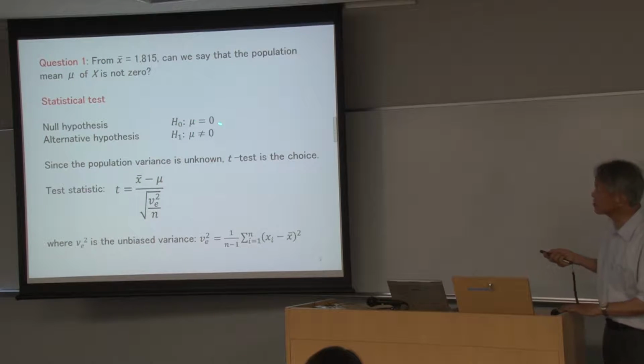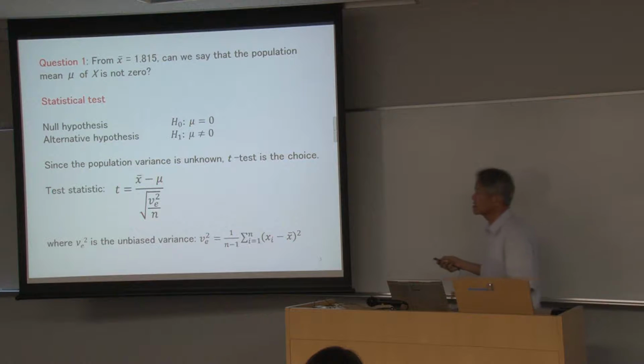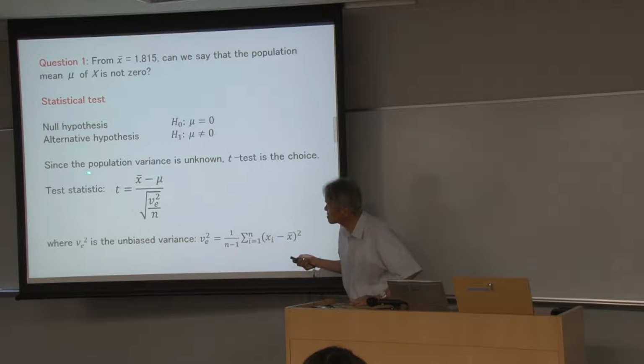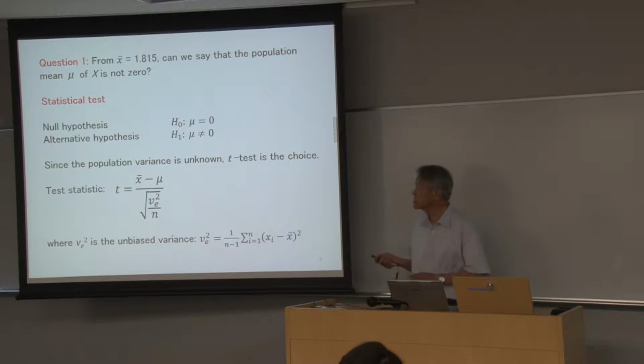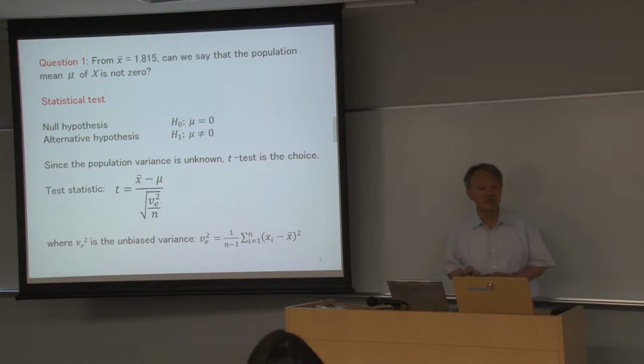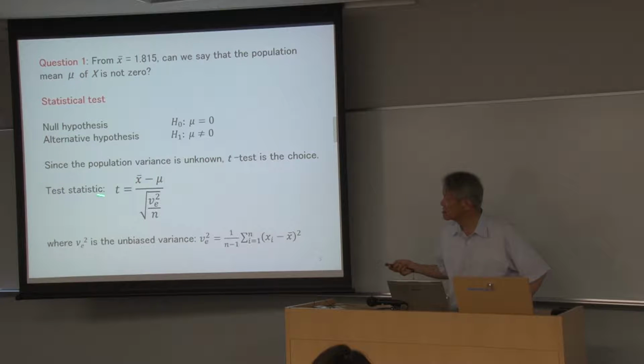Based on this null hypothesis, in this case, the population variance is unknown. The t-test is the choice. So this is the test statistic, t. T is given by this equation.